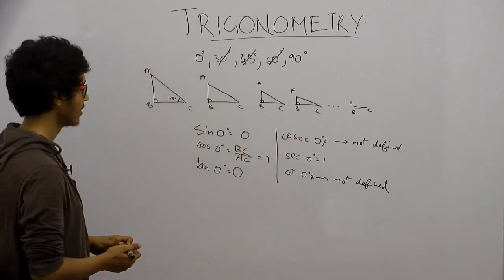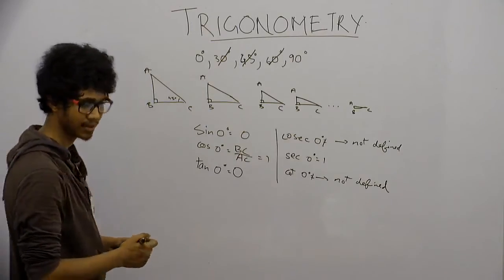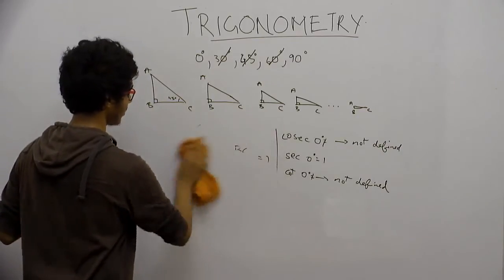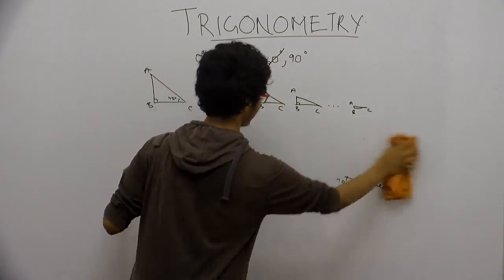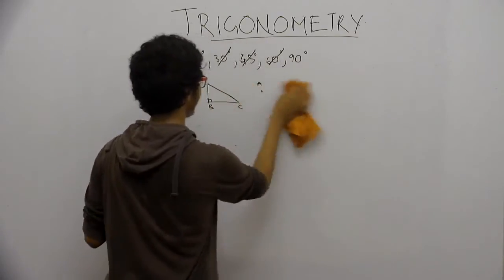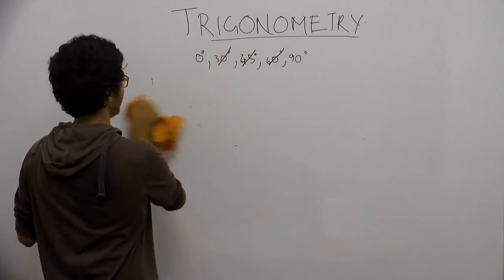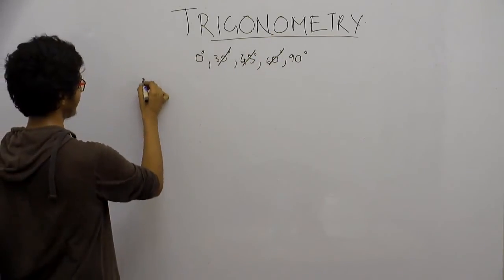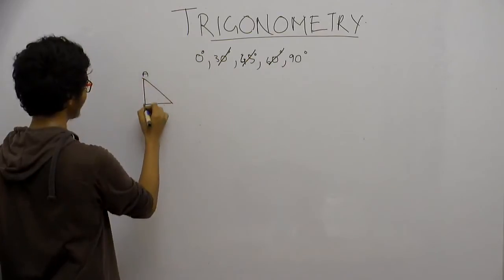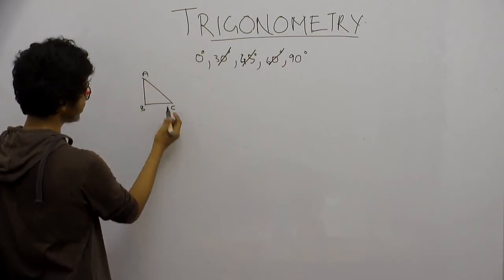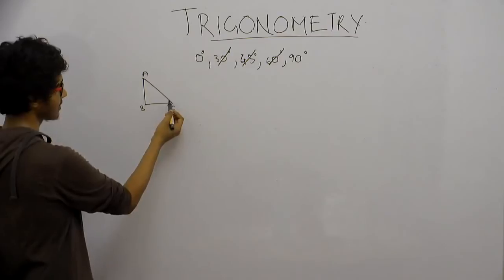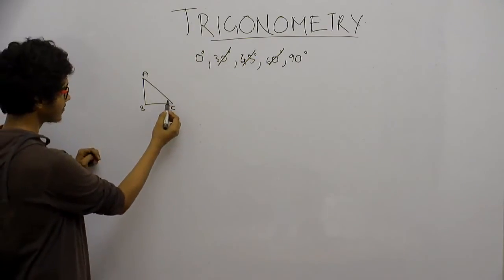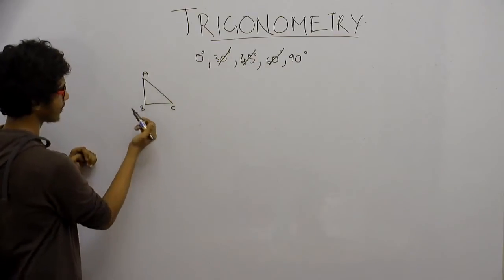Okay? Now let's look at the 90-degree case. Similarly, starting from an angle of 45 degree in triangle ABC, this angle will only approach 90 degree if we keep on increasing it, which means the length BC will have to be shortened.